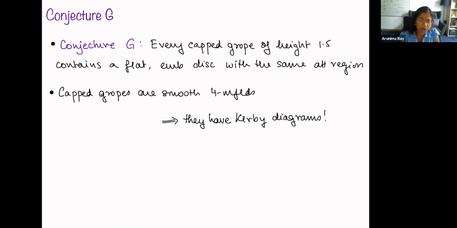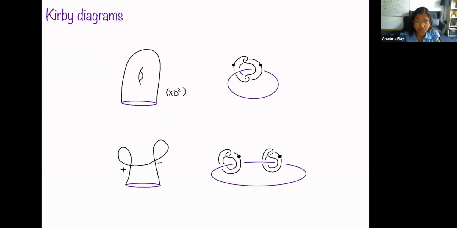These Kirby diagrams are not so difficult to construct. Capped groups are built out of these surfaces and self-plumbed disks that are glued on top of one another in a pretty systematic way. And so each of these pieces has very nice Kirby diagrams.